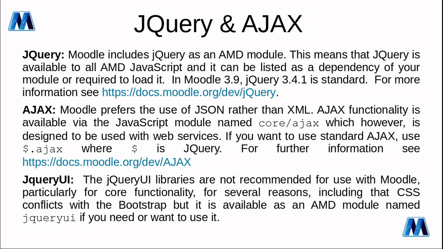However, the module in Moodle is designed to work really well with web services, and sometimes you find yourself having to use the $, which is jQuery, .ajax to do other Ajax related stuff. So you can have a look at the documentation. Again, there's a link for you to look at the Ajax aspect of the JavaScript framework.